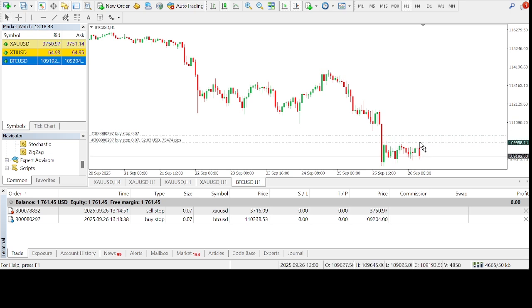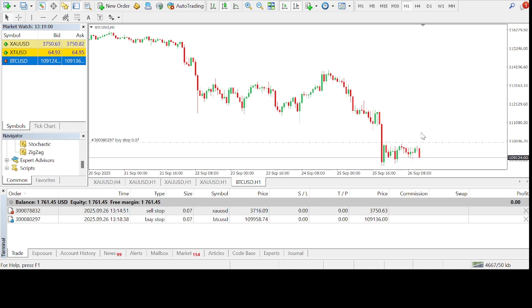I'm assuming from my analysis, based on what I'm seeing, Bitcoin, yes, it's dropping, but if it comes back, I'm anticipating it to go up. So if price goes up and my buy stop is triggered, it will immediately become a buy order.